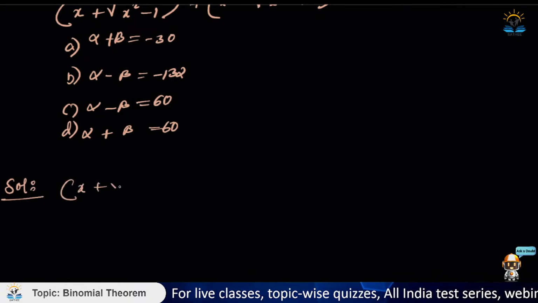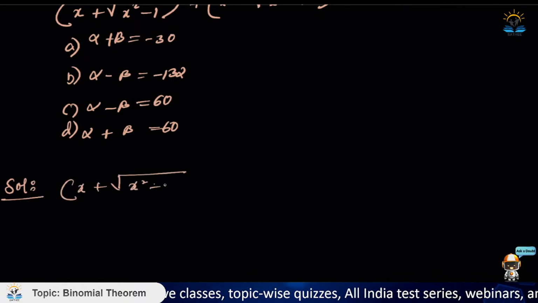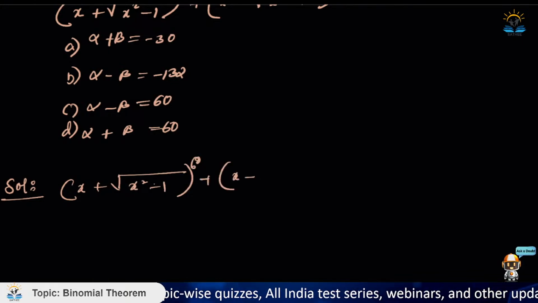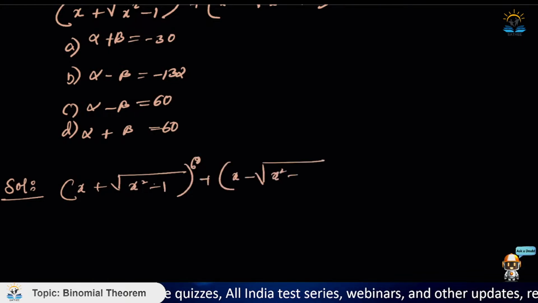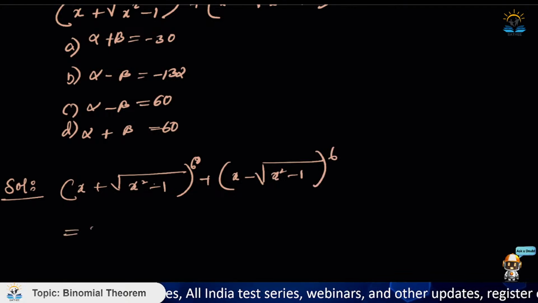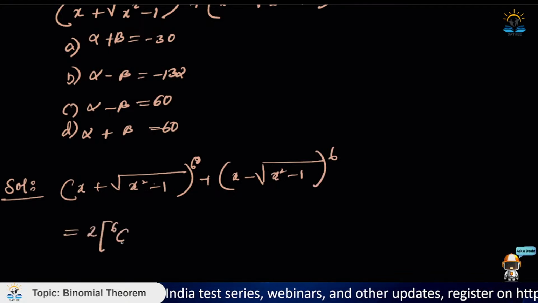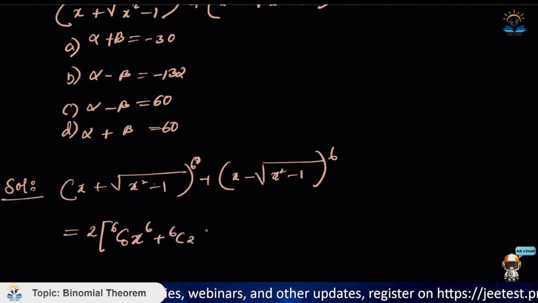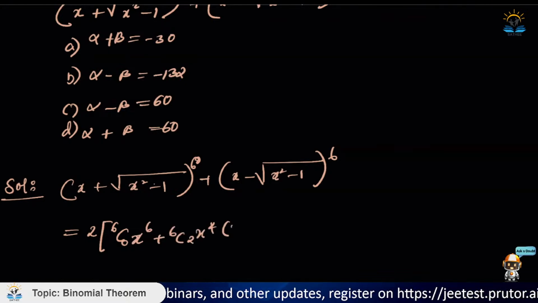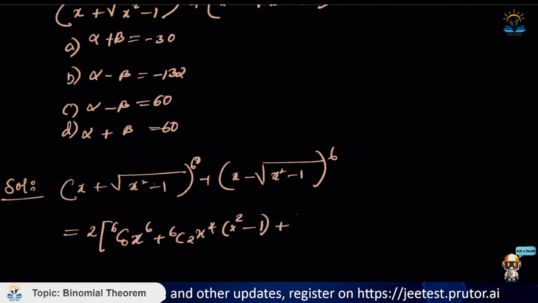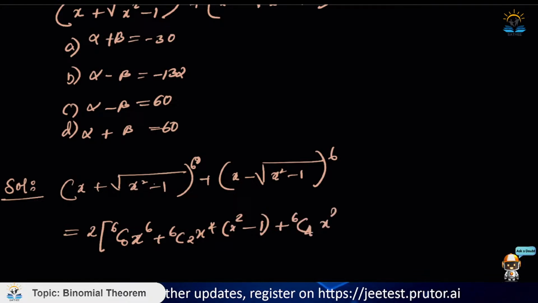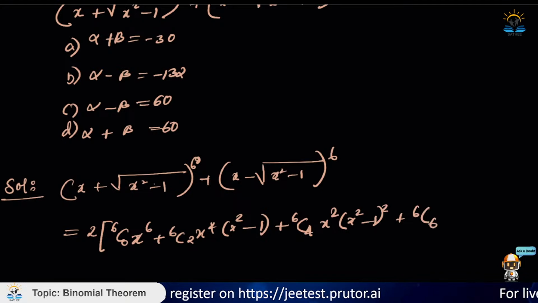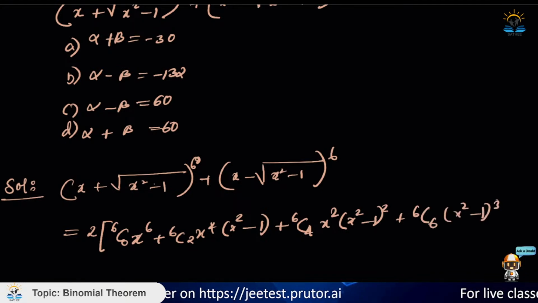So we have (x + √(x² − 1))⁶ and also (x − √(x² − 1))⁶, which is equal to 2 into [6C0 x⁶ + 6C2 x⁴(x² − 1) + 6C4 (x² − 1)² x² + 6C6 (x² − 1)³].